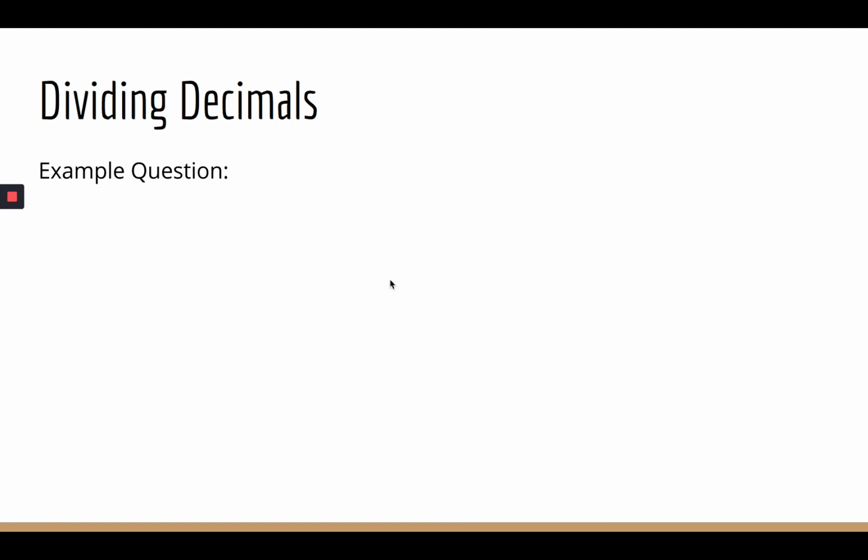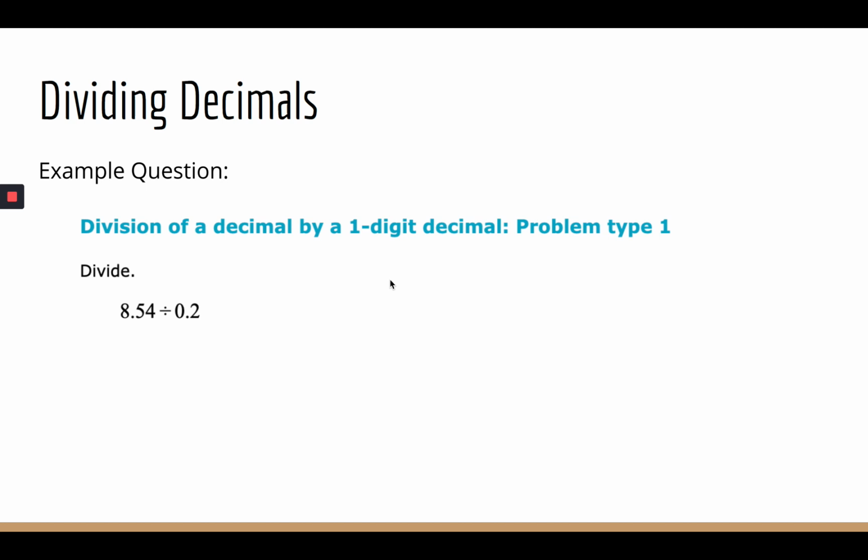Okay, next up we got dividing decimals. And this is the type where you cannot divide by a decimal. So you have to move it over. Whatever number you put outside the box, the divisor tells you how many times you have to move the decimal. So I move the decimal once because I can't divide by a decimal.